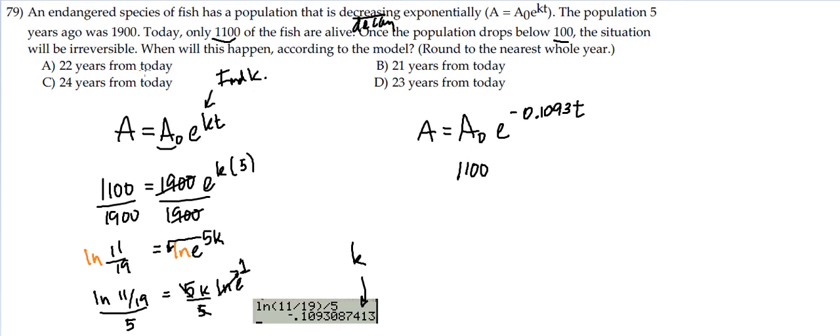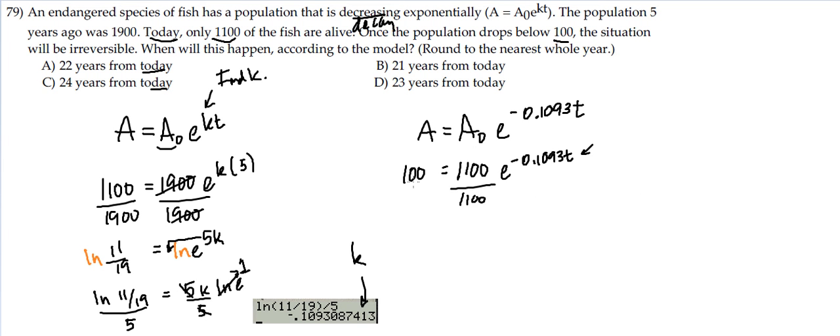So again, all these answers say from today, and so today is what we're going to look at as 1,100, and in the future, when it gets to 100, we're in trouble. Again, just a word of comment there. We use A0 as 1,900 over here, and over here as 1,100, because the ultimate question of t is about when it will be from today, which is 1,100.